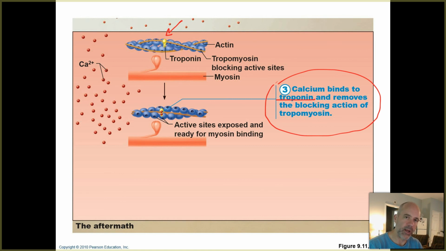Those binding sites kind of look like olive pits there. Once that happens, now the myosin heads are going to be able to bind to actin. They're going to be able to come together. They'll make a nice little fit with each other.